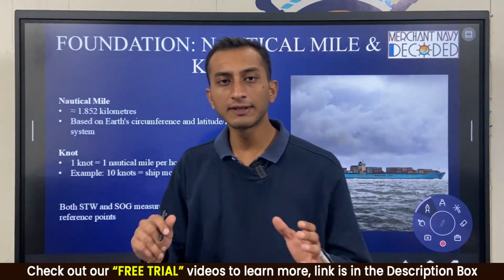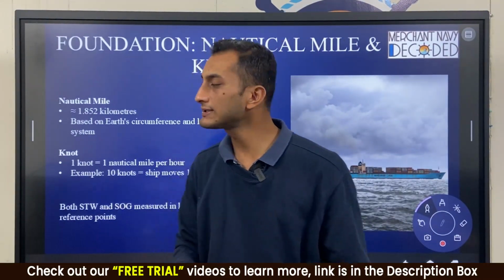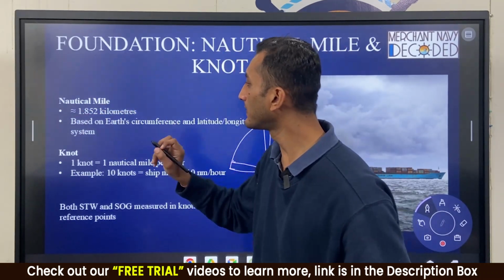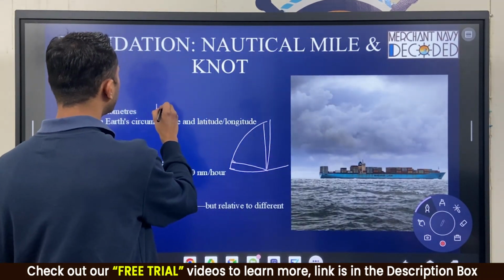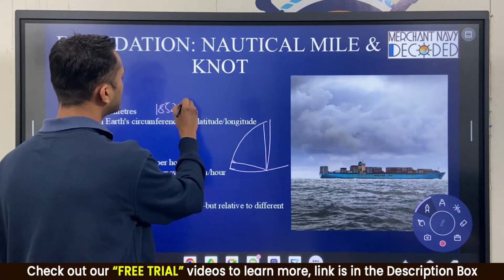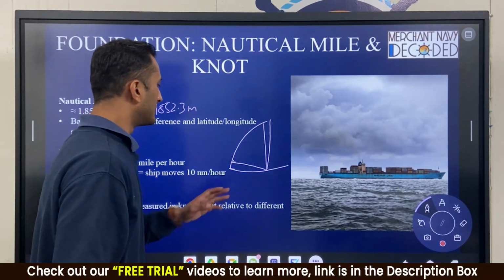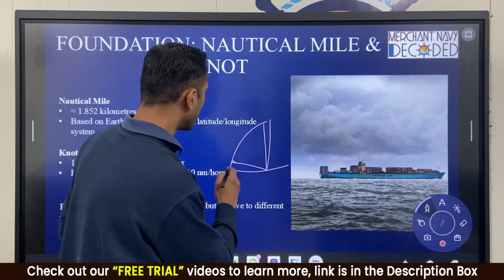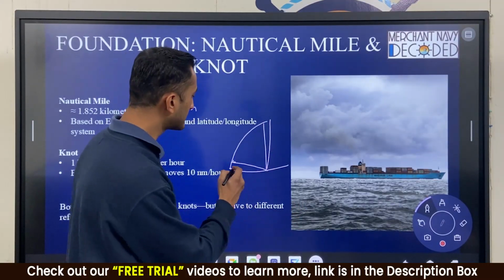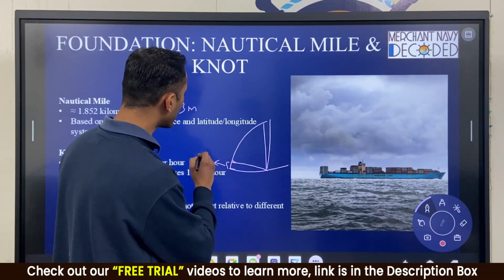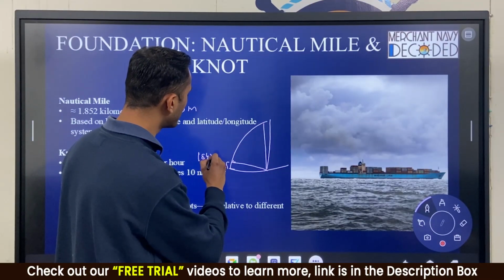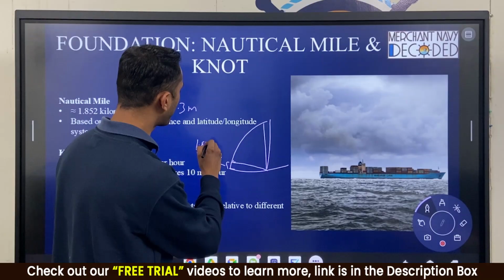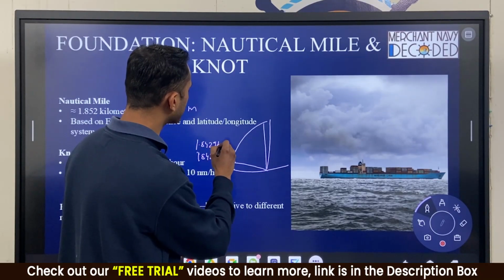So because of this difference in distance, we got a standard value of 1.852 kilometers, or you can also say 1852.3 meters. Since the earth's curvature is not the same, the distance over here came out to be 1842.9 meters, or 1.8429 kilometers.